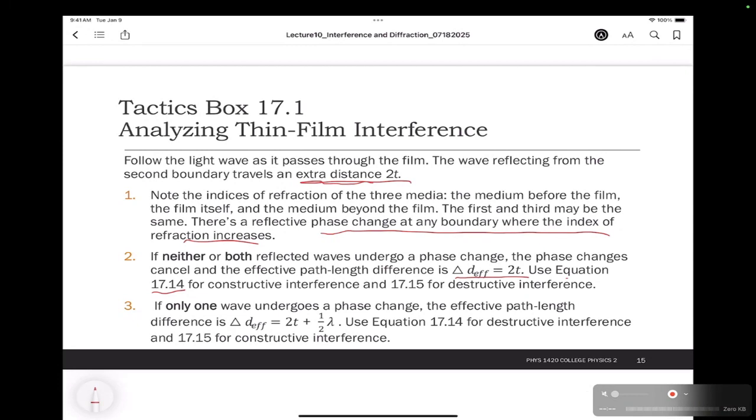If only one wave undergoes a phase change, the effective path length difference is this one. So use the equation for destructive interference, and the other for constructive interference, because only one wave undergoes a phase change, which means the effective path length will be this one, and then we should swap the equations.